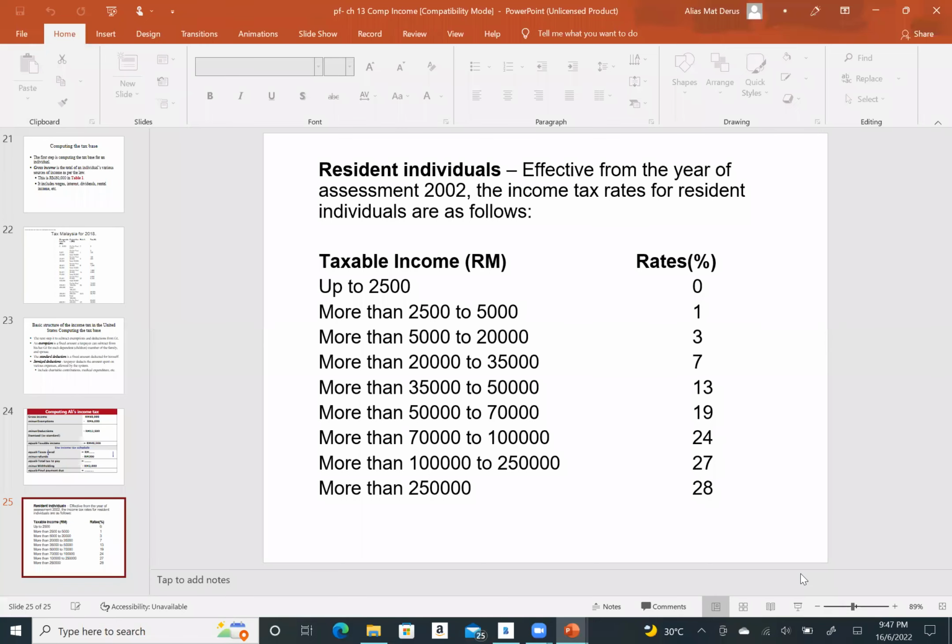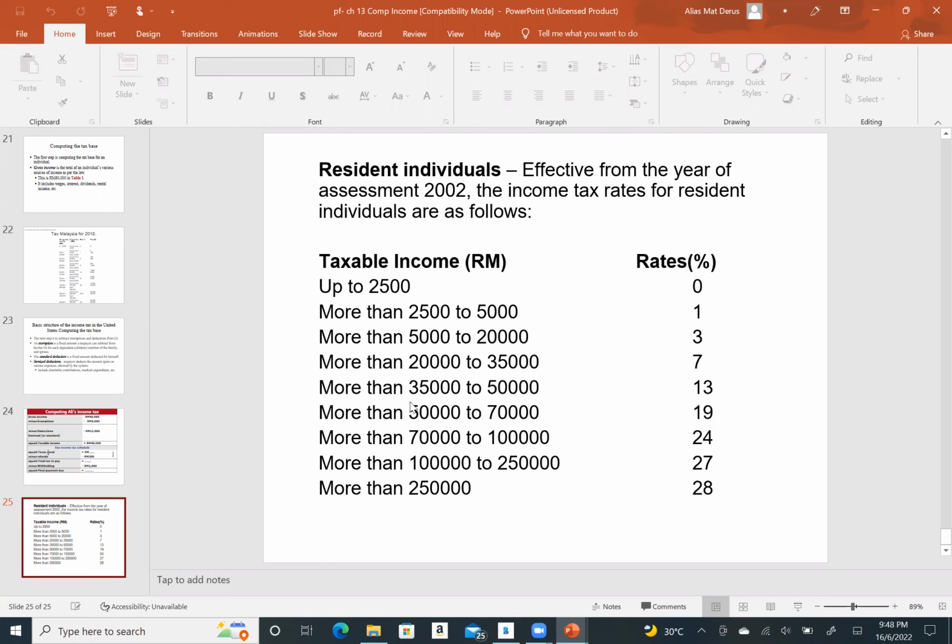you are taxed at a certain tax rate. We are charged the income tax. The rates will be different for different amounts of income. To make life simpler, they make it into income brackets. These are called income brackets.